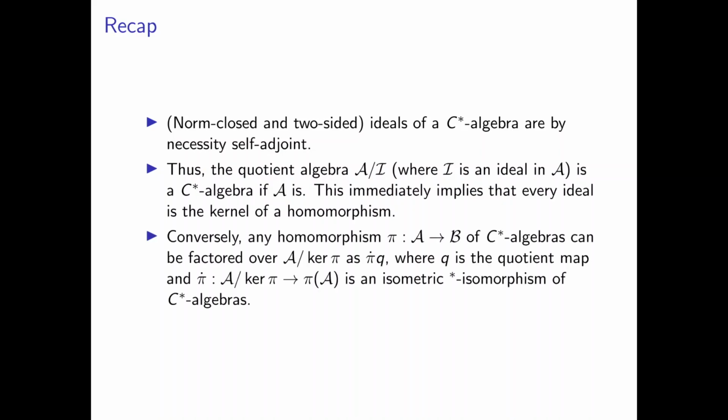And conversely, any homomorphism phi from A to B of C-star algebras can be factored over this quotient as pi dot times Q, where Q is the quotient map, and pi here between the quotient algebra and the image is an isometric star isomorphism of C-star algebras.